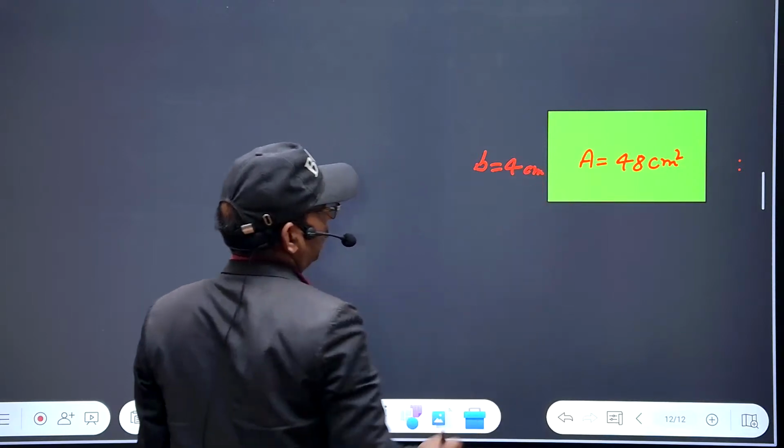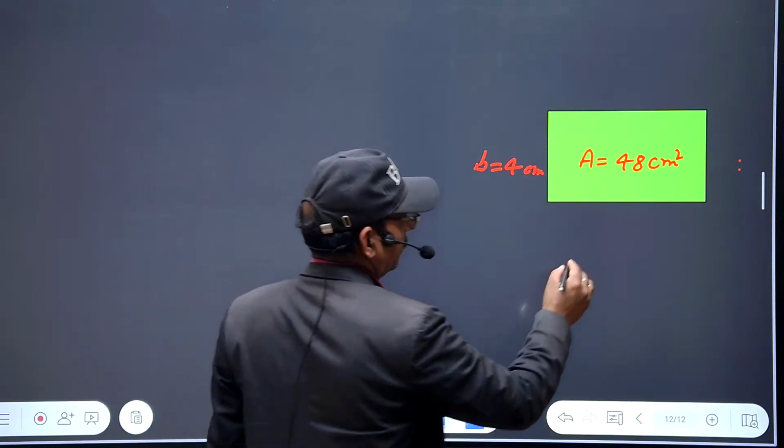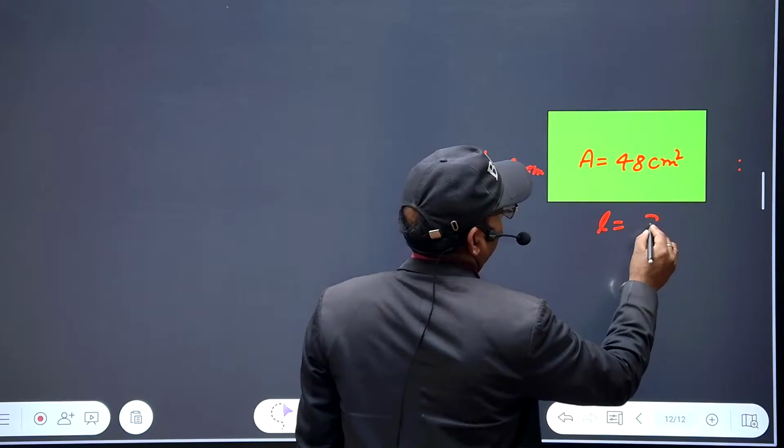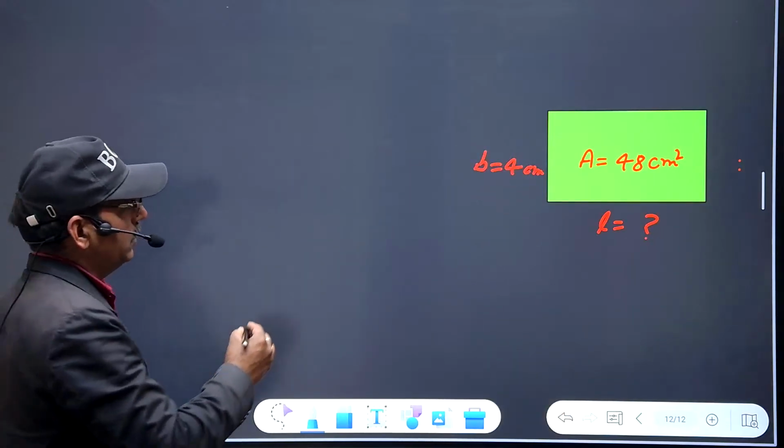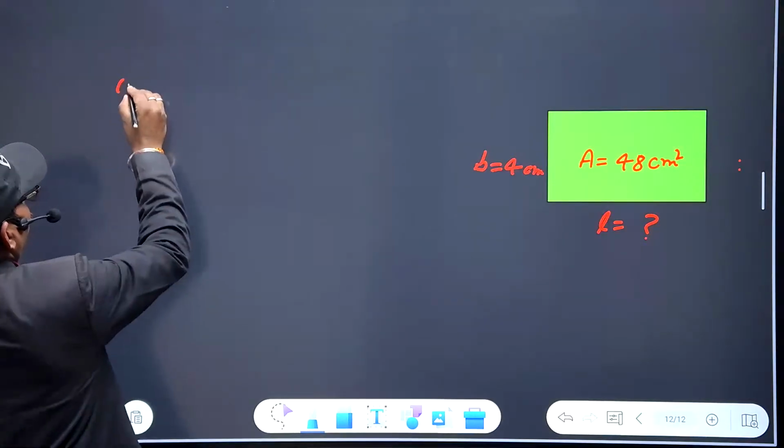So how will you find out the length? Okay, you will find out the length.